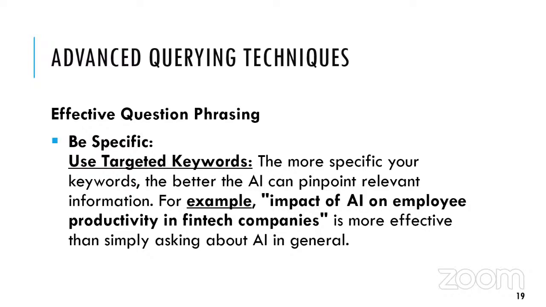For instance, you want to look for information on the impact of AI on employee productivity in fintech companies. This is more effective than simply asking about AI in general. So use targeted keywords. From this example, you will see keywords like impact, AI, employee, productivity, fintech, and of course, companies.